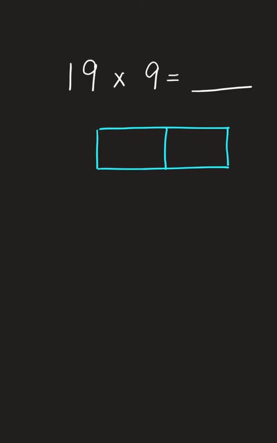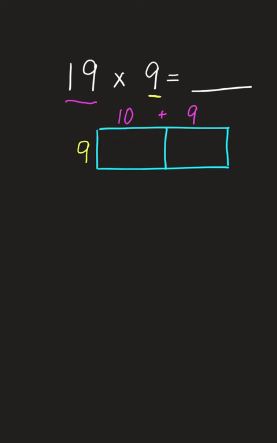Let's look at a final example. 19 times 9. I'm going to take the two-digit number 19 and split it up into its expanded form, writing that above the boxes. Well, I know that 19 in expanded form is 10 plus 9. And then my single digit, 9, that I'm multiplying by, is going to go on the end.